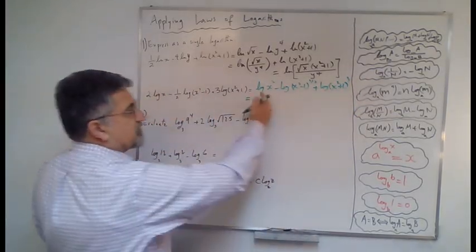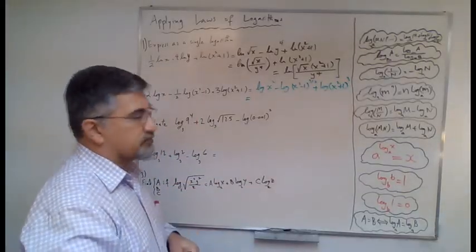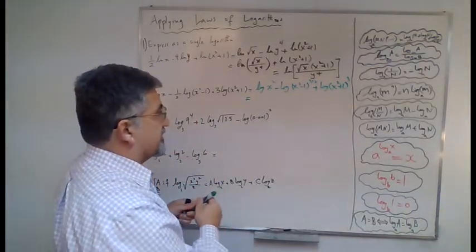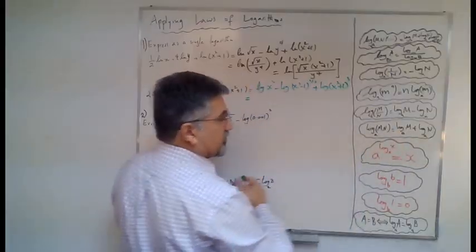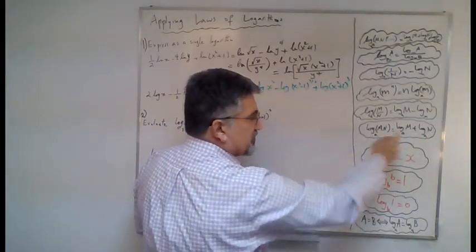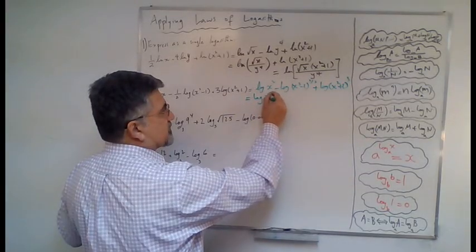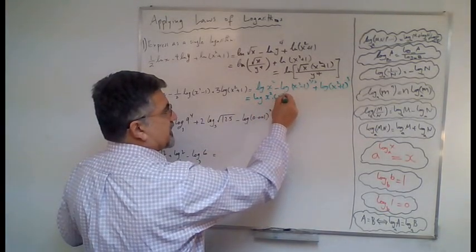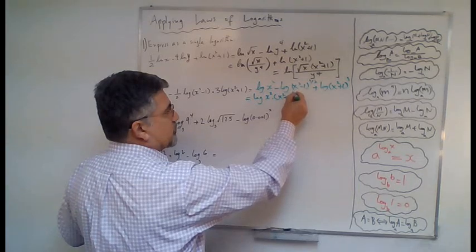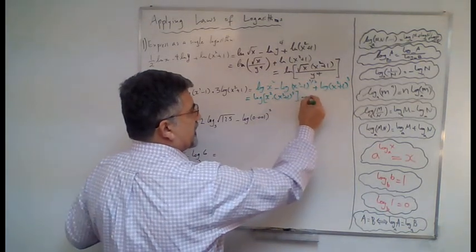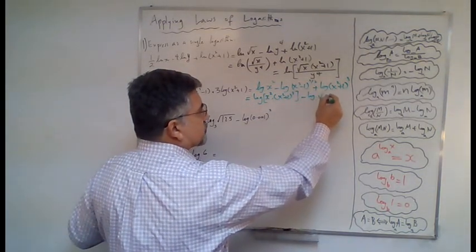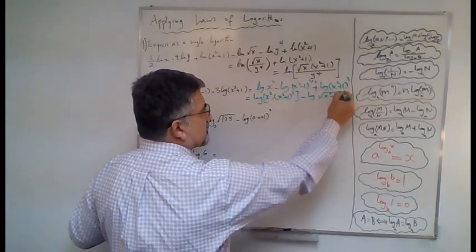So this time I can take the first and last logarithms and add them. Using the product law of logarithm, I can say this is basically log of x squared times x squared plus 1 cubed, okay, and then minus log of square root of x squared minus 1.